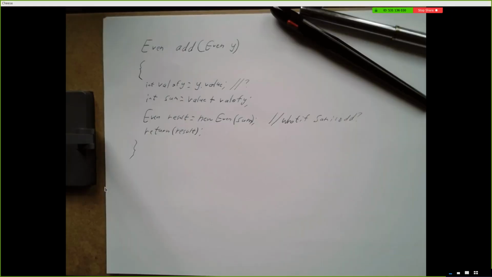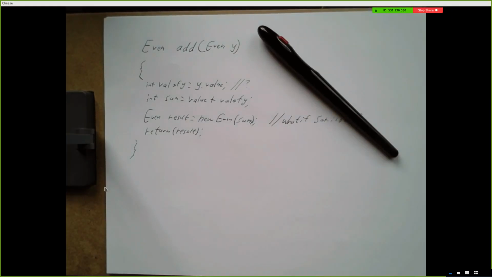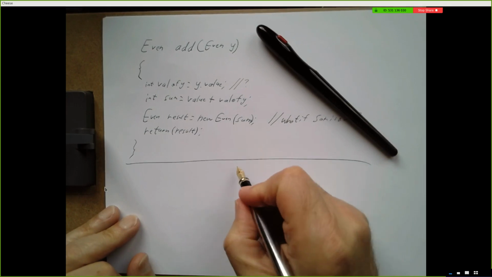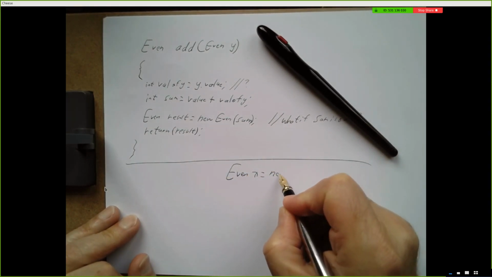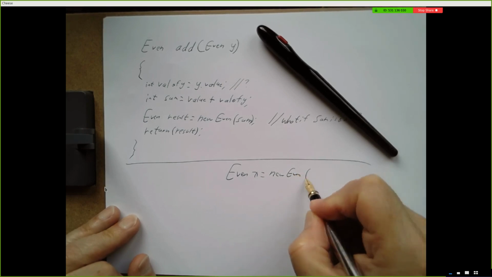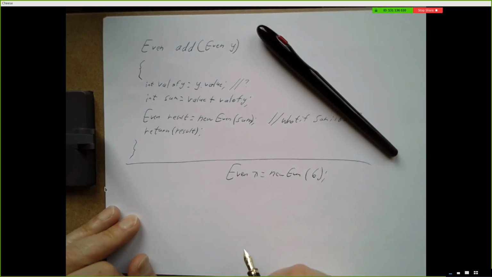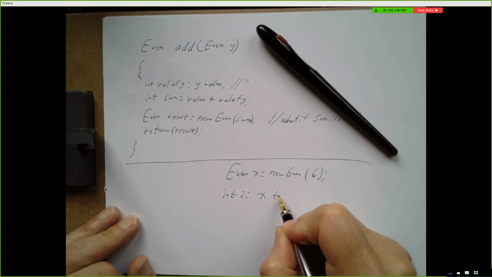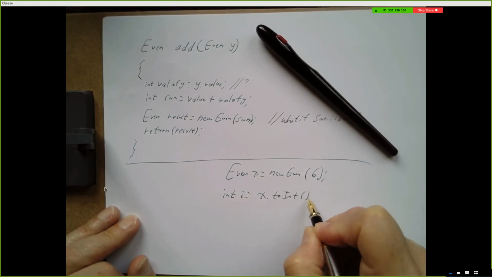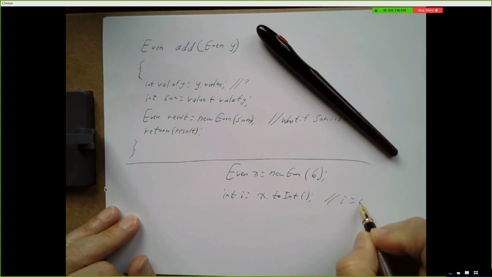For example, if I were to say something like even x equals new even 6, and I said integer i equals x.toInt, that should set i equal to 6.